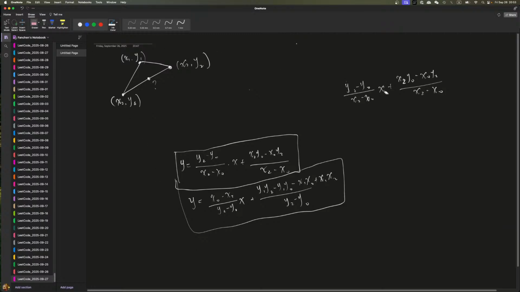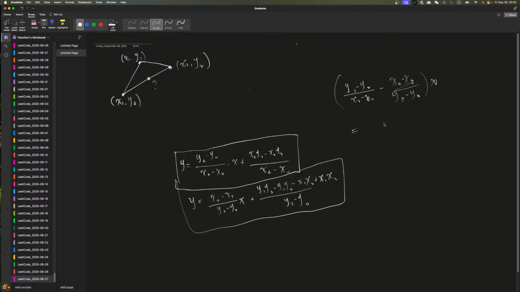Hold on a second. We're actually going to directly move them. So I put this on the left-hand side. This move here, so it's going to be this minus x0, y2 minus y0. So it'll be this times x, right? So move this one here, this one here, this one there.